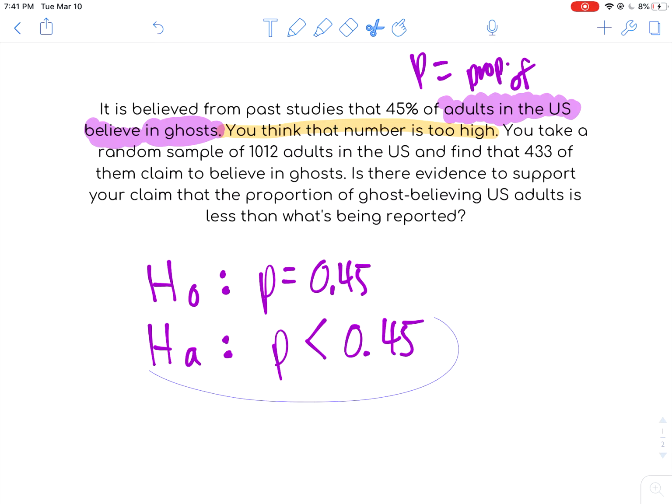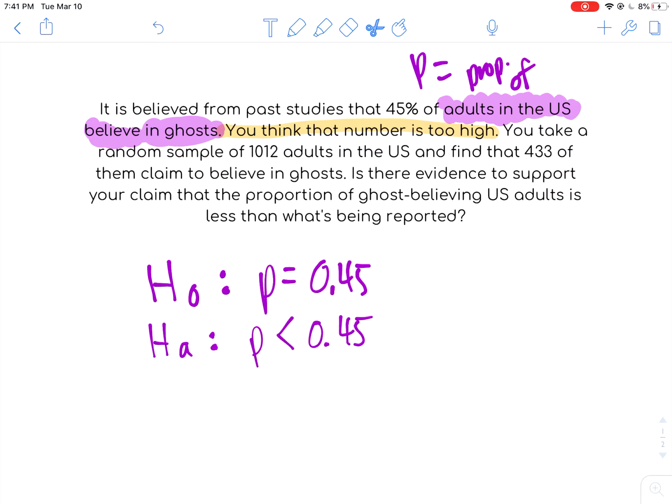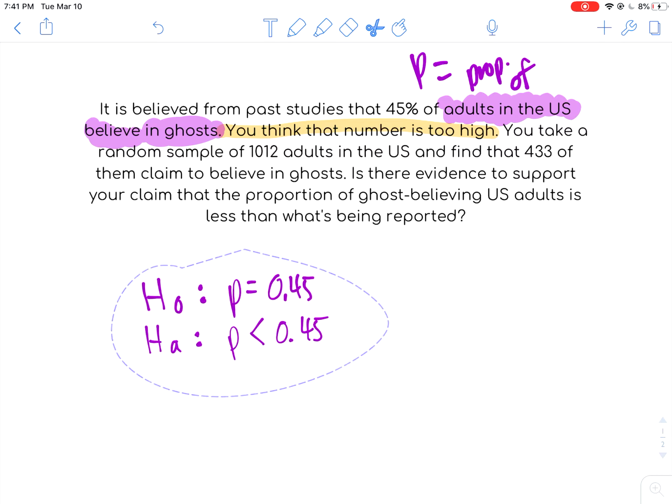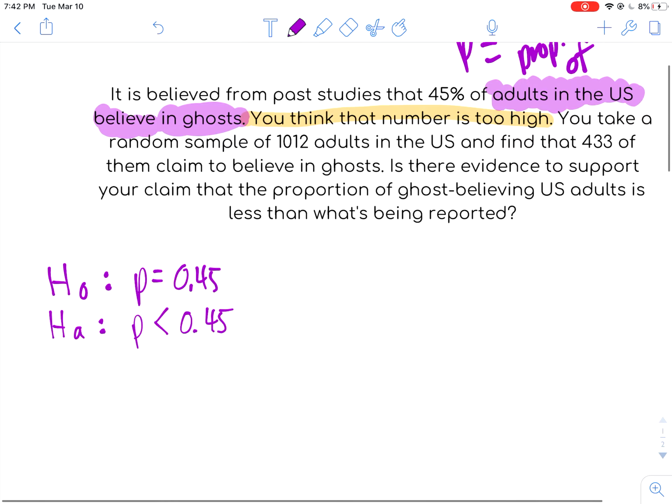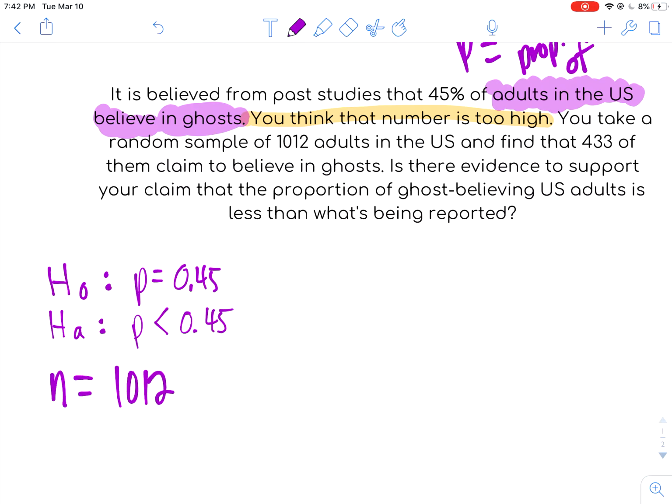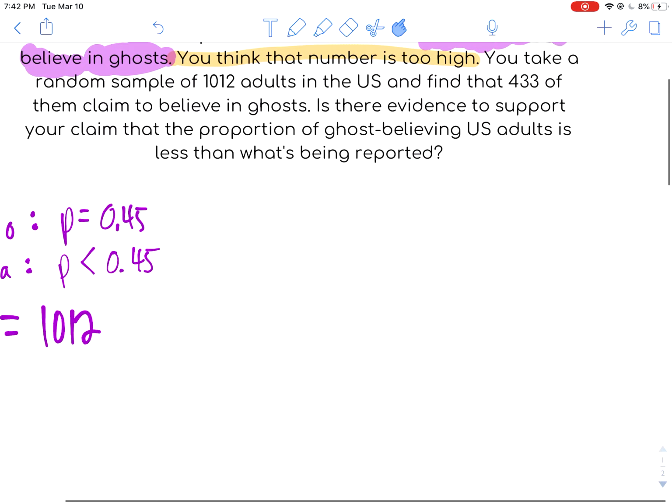Now, hopefully you learned a little bit about sampling distributions before you started doing confidence intervals and hypothesis testing. That's a collection of possible statistics you could get. That's what we're going to go off of here. It says we do a random sample of 1,012, so that's all I'm concerned with now. I do not care yet how many of those 1,012 said, okay, I believe in ghosts.